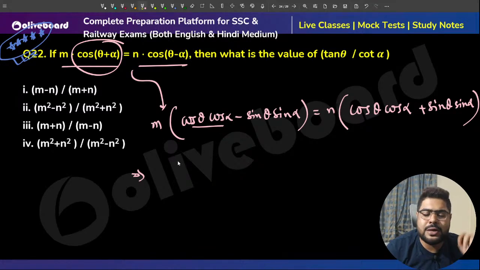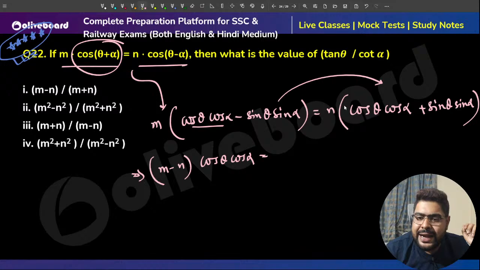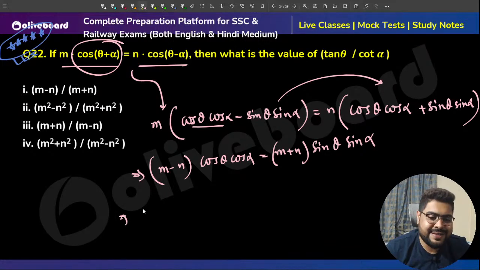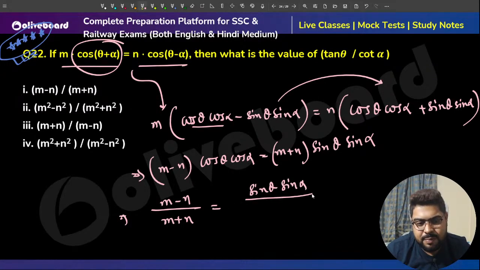Just calculate. Cos theta cos alpha, m is here. If I take this to the left hand side, it will be m minus n cos theta cos alpha. I'm going a little too fast again. If you take this to this side, it will become n, and this will become m plus n, sin theta sin alpha. So m minus n by m plus n equals sin theta sin alpha by cos theta cos alpha.